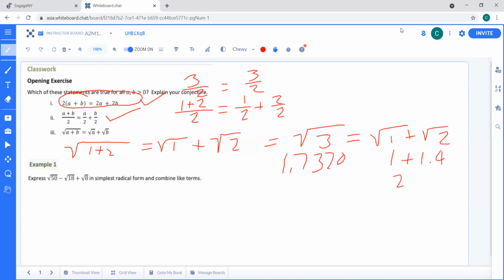So that's going to be 2.4 blah blah blah. Those are not actually true statements, are they?